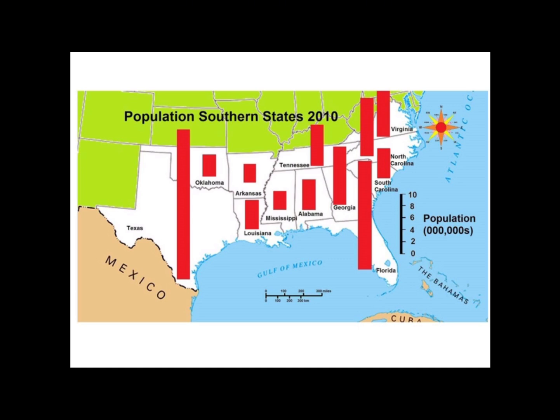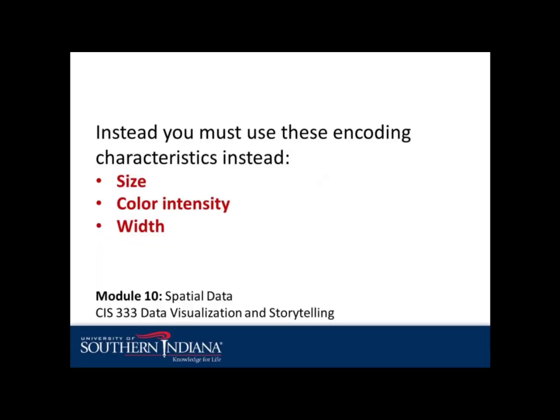The other reason is that your bars are kind of all over the place, so it's hard to tell which bars belong to which state, except in the very obvious ones. So you can't use 2D position, and you can't use a standardized baseline. That's why something like this is not a good thing to do.